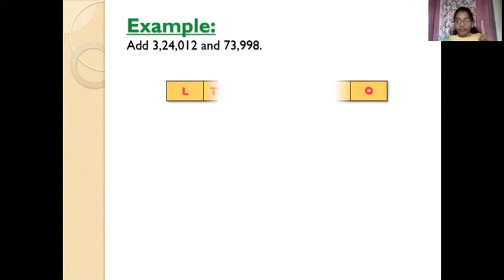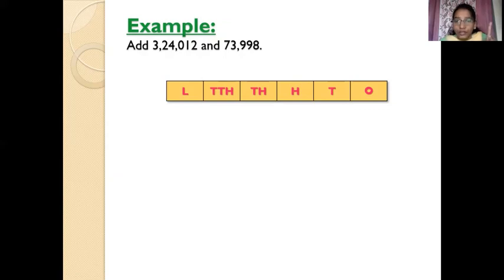You're going to arrange the numbers in column form. Here the large number is 3,24,012 compared to the second number, 73,998. So according to their places, you're going to arrange the large number.